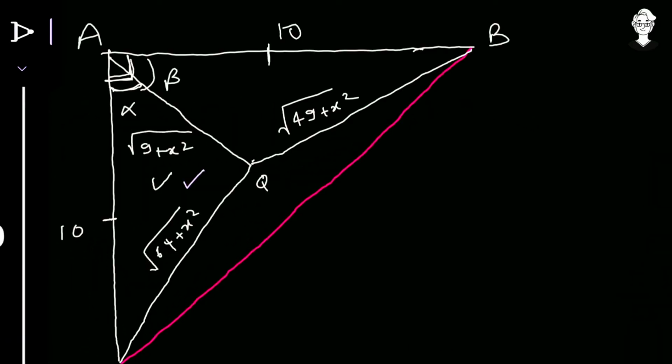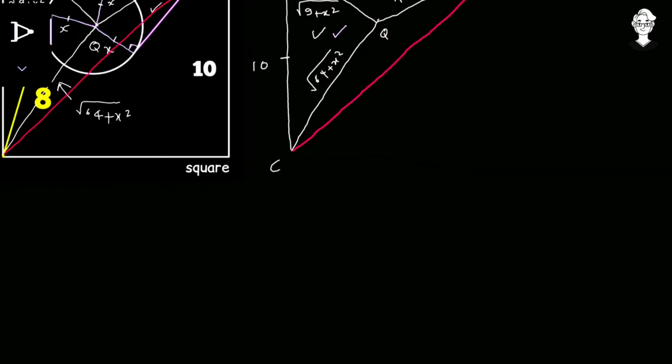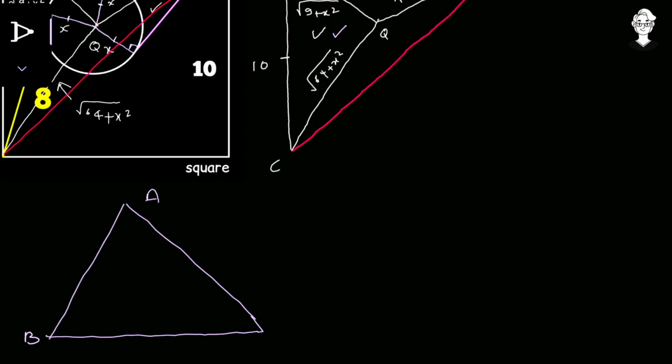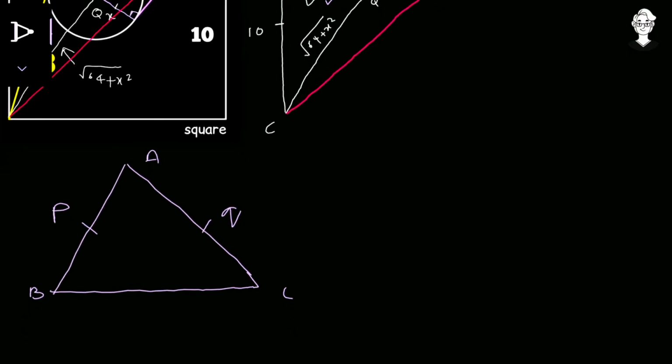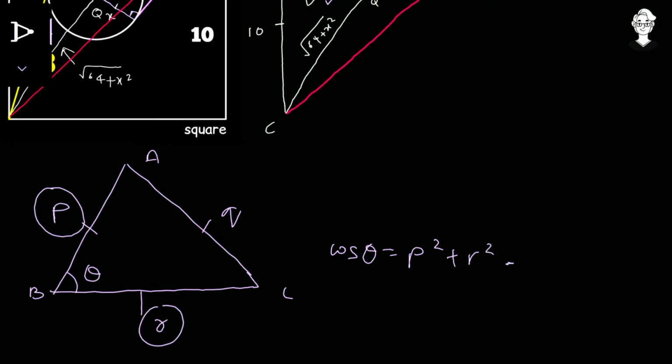So first of all, let us discuss what the cosine rule is. If there is a triangle, no matter what kind of specification, just a triangle A, B and C, the side lengths are P, Q and R, and let any of the angles be theta. Then the value of cos theta is always equal to the square of the adjacents added together, so P square plus R square, minus the square of the opposite.